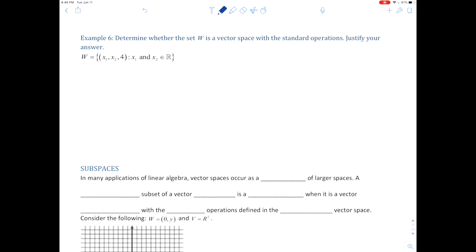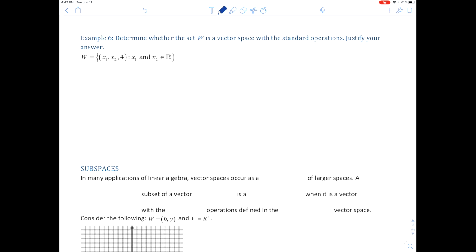So I didn't even ask you too much to think about that. But here, look at this vector. This set of vectors is every vector in the form where you can have any real number as the first and second component, but the third component always has to be 4, right? Always has to be 4.